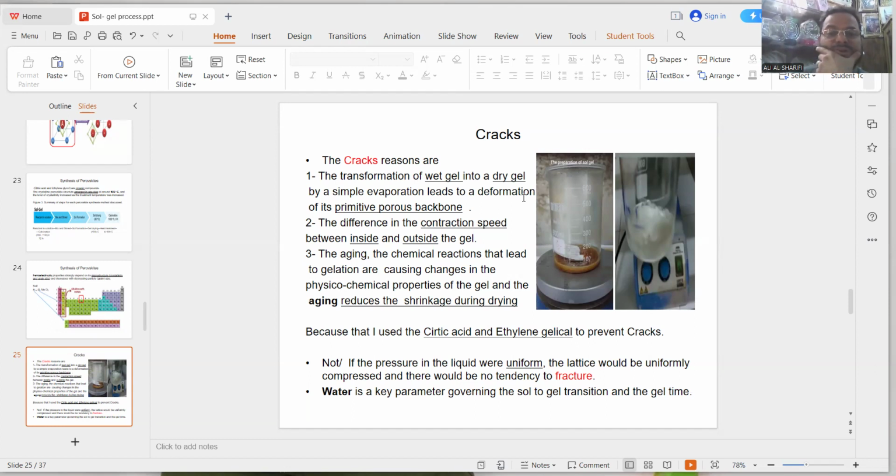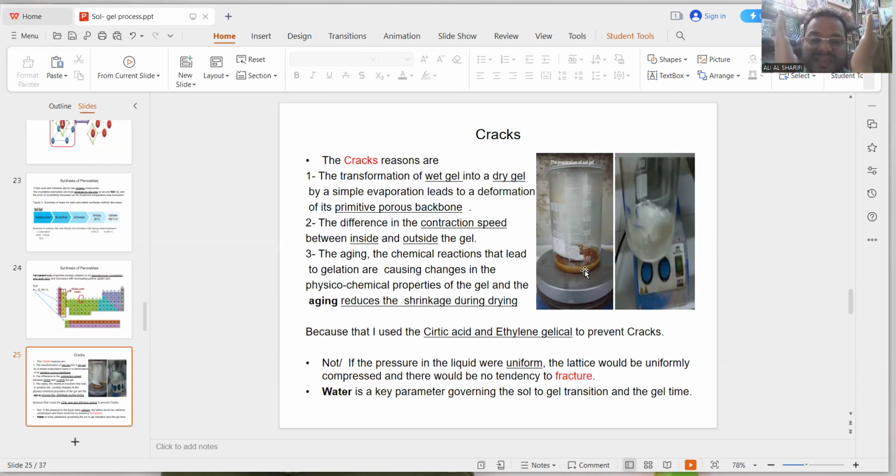The difference in the contraction speed from outside to inside is the main reason for these cracks. The last reason is that the chemical reactions that lead to gelation are causing change. The gelation and the aging process.